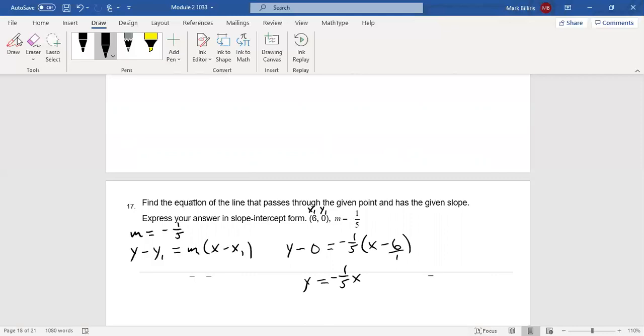So you're multiplying numerator times numerator and denominator times denominator. So -1 times -6 is +6. And then 5 times 1 is +5. So our final answer would be y equals -1/5 x plus 6/5.